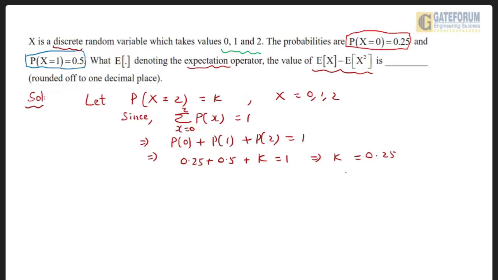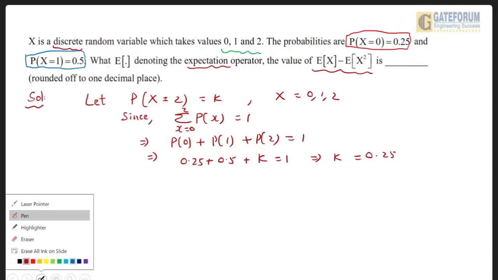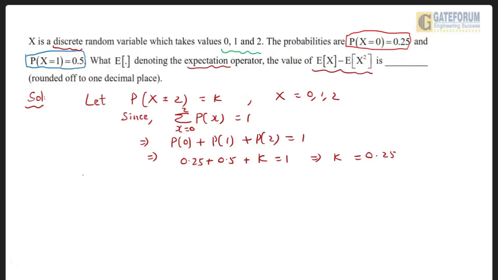Okay. Now E of x. Because it is a discrete random variable, the mean of the random variable x is the summation over x values 0, 1, 2, that is 0 to 2, of x times P of x.